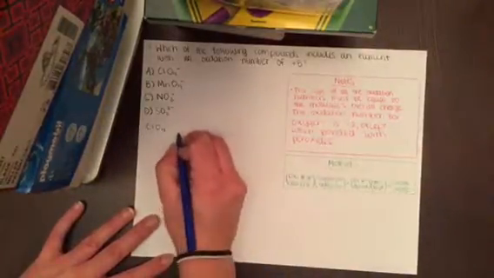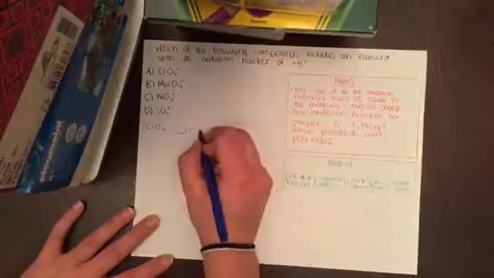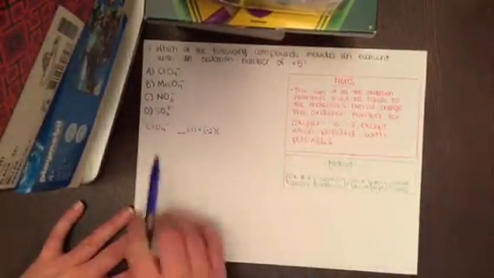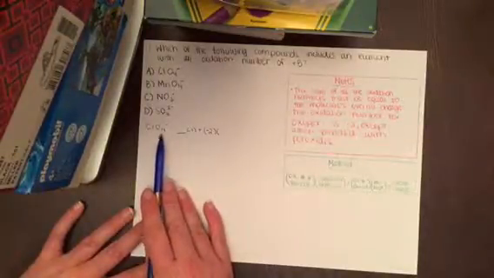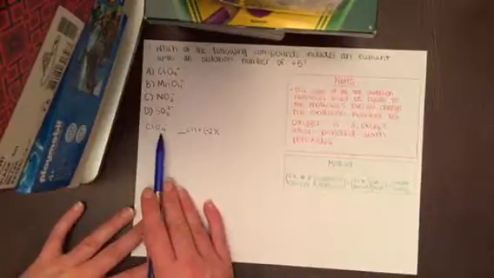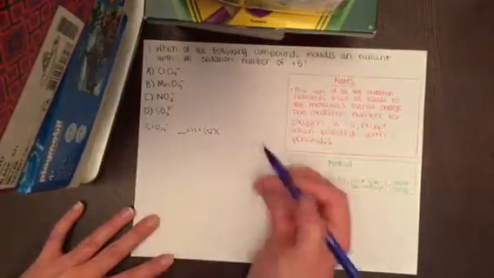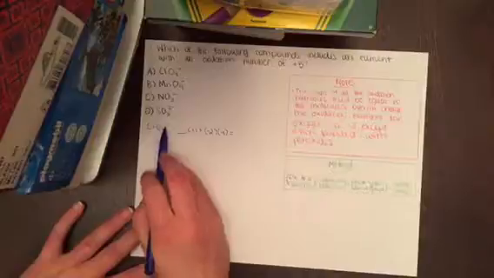So for chlorine, we're going to put a dash here, and that's going to be times 1 because there's only one of it, and then plus the oxidation number of oxygen for one oxygen, -2, times 4, because as you can see there's 4 atoms, and an oxidation number accounts for only one atom of that particular element, so you have to account for if there's more than one. So we're going to multiply that by 4 and set it equal to the overall charge, which is -1.